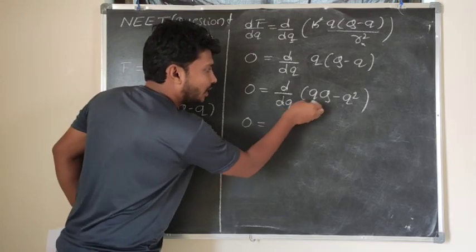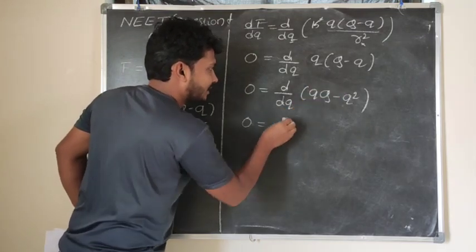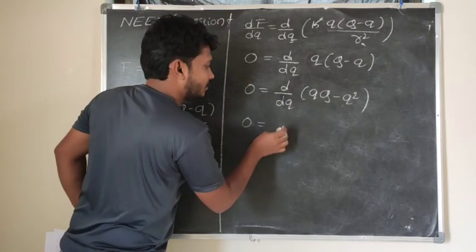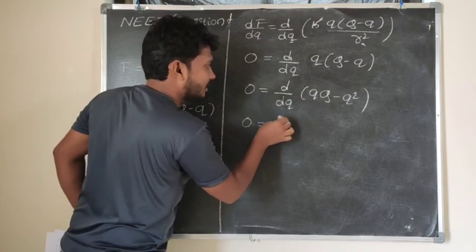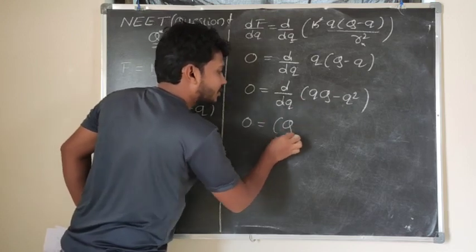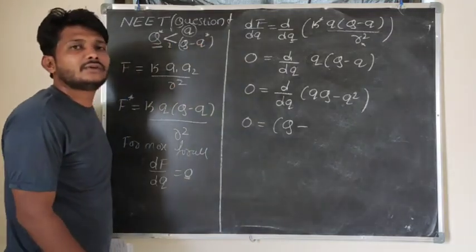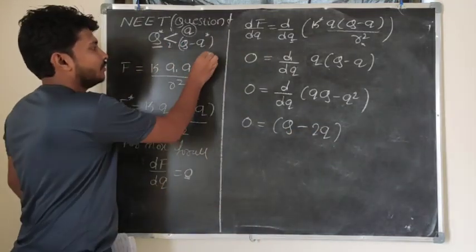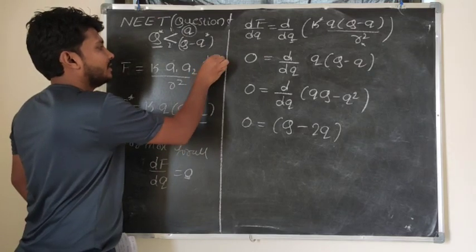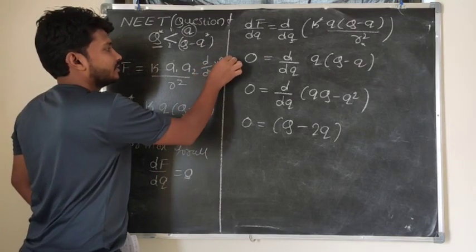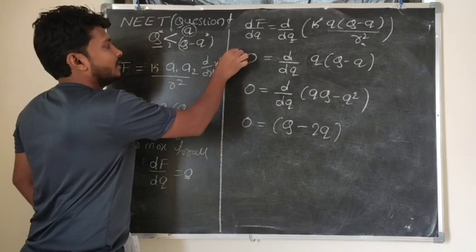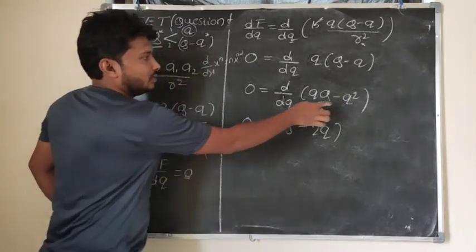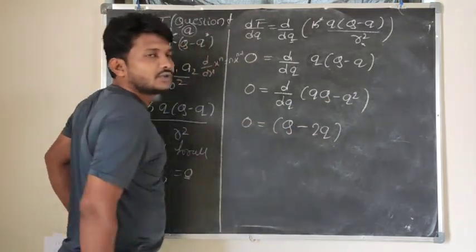Differentiation of qQ is Q. Then Q minus the differentiation of q square, which is 2q. From the formula d by dx of x to the power n is equal to n into x to the power n minus 1, differentiation of q square is 2q.